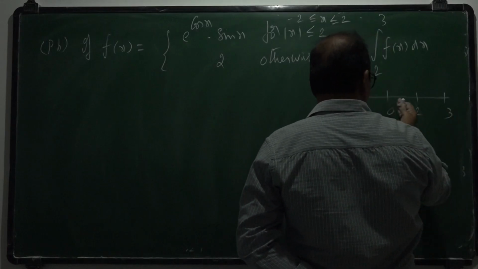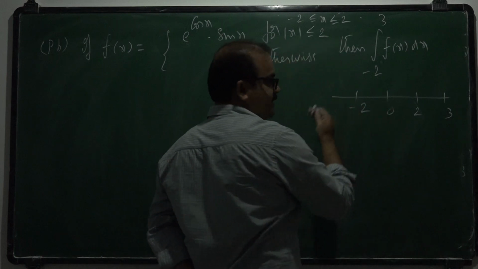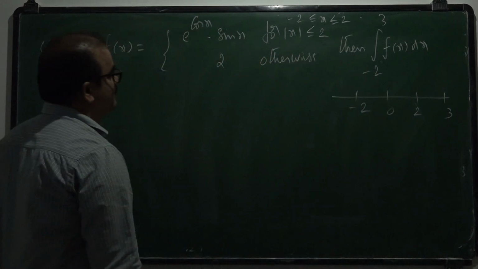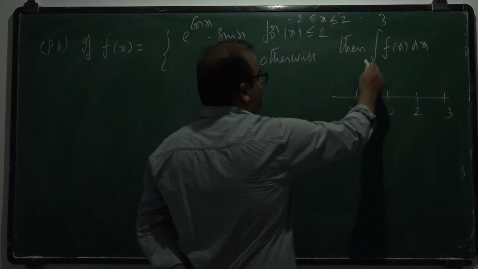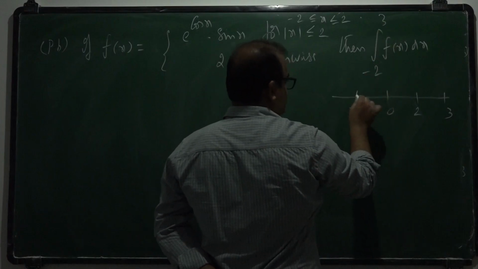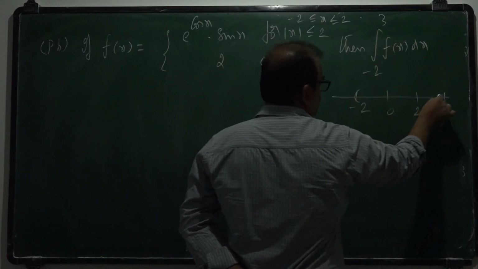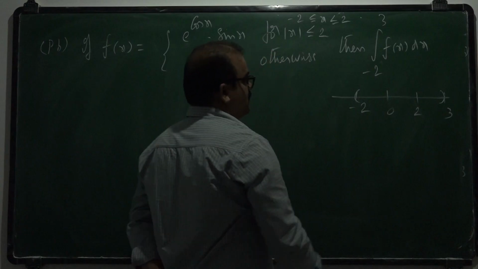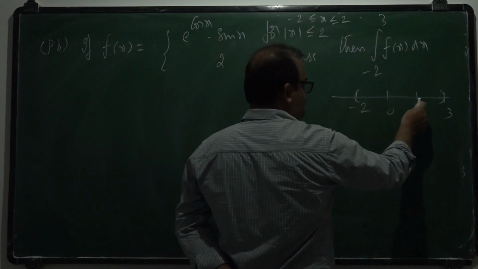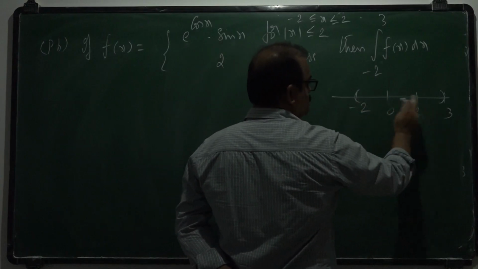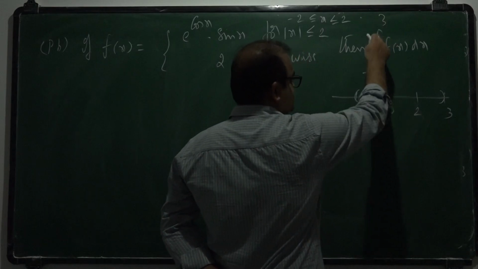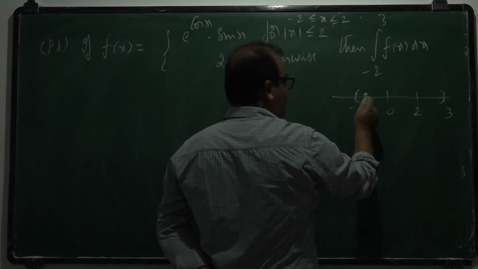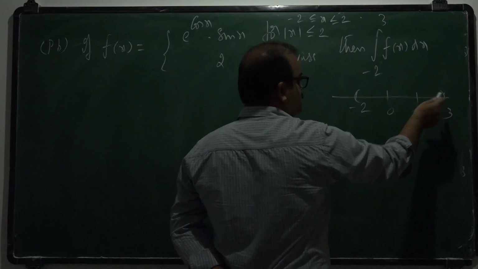It is the positive side of the real line, and this is the negative side. Here the integral is between the limits minus 2 to plus 3. Now 2 is a point in between minus 2 and 3. We split this integration into two parts, minus 2 to 2 plus 2 to 3.